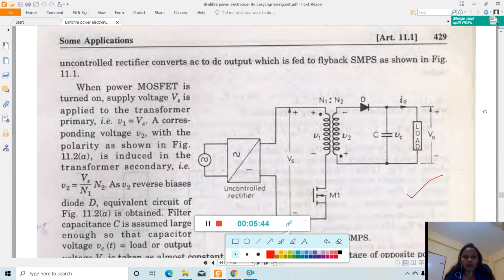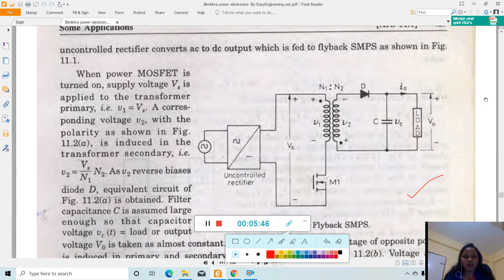Here the uncontrolled rectifier converts AC to DC output. Here an AC supply is there, and this AC is converted to DC output by using the uncontrolled rectifier, which is fed to the flyback SMPS.